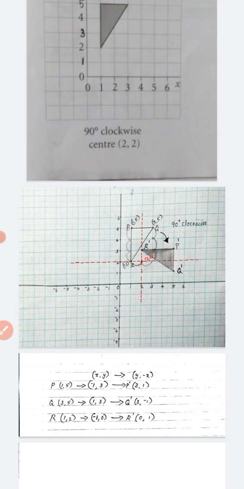Now apply the rule, that is (x, y) becomes (y, -x), and plot the points. When we are plotting the points, you should take the distance from the center of rotation. This point is very important, children.